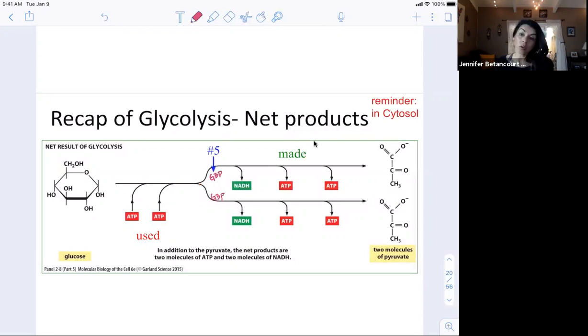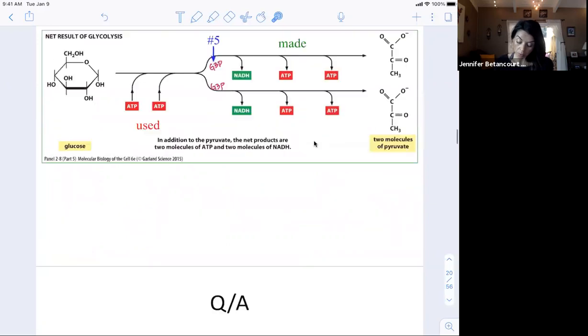Okay. And so each of the G3P molecules go through all of reaction 6 through 10, like we just talked about. And at the very end, this G3P goes through all of this to make your pyruvate molecule. There's your carboxyl group, your acetyl group. Okay. And so these 2 molecules of pyruvate need to go into the matrix if you're a eukaryote.